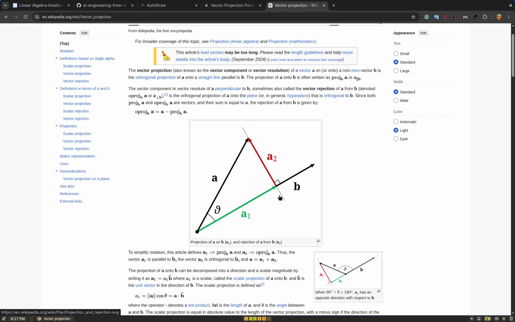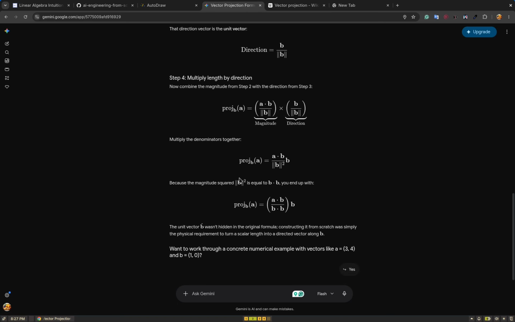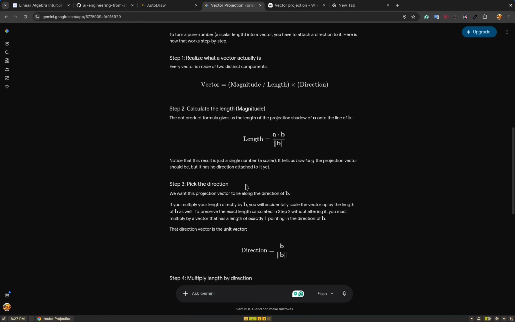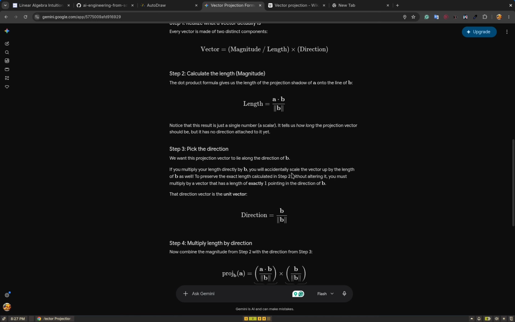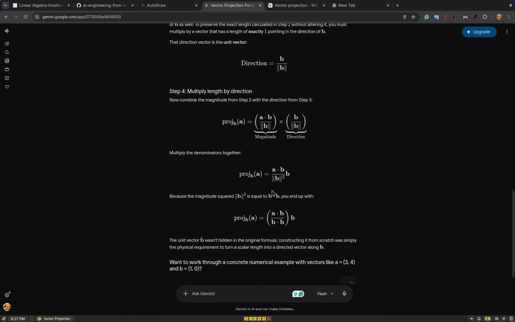One more thing. Pick the direction. B, if multiplied by B, scales the vector by the length of B, so this value must multiply the exact one pointing in the direction. So A dot B by B gives me essentially the magnitude of the projection.